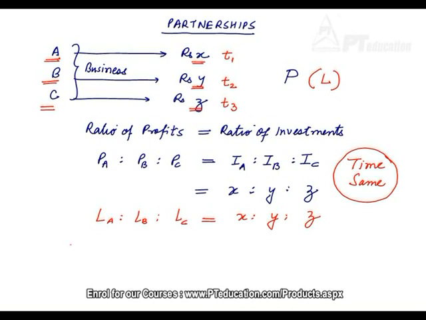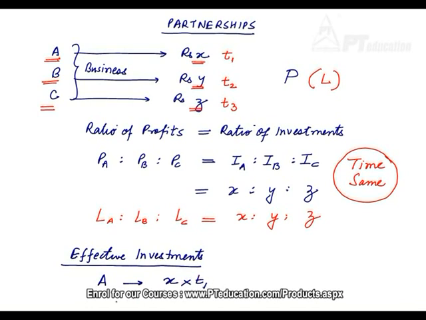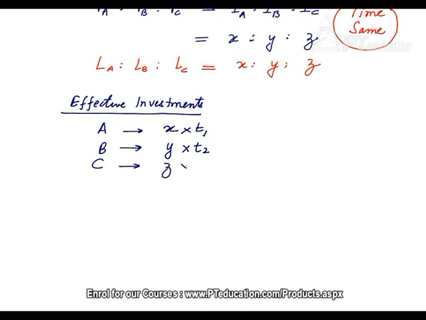Now obviously things will change. How? We have to now talk about effective investments. So what will effective investments be? For A, X rupees was put in for T1 months, so his effective investment was X into T1. For B, it will become Y into T2. And for C, it will become Z into T3.